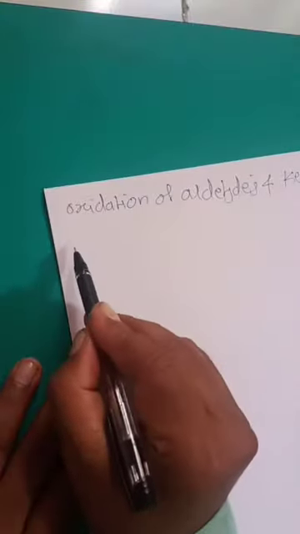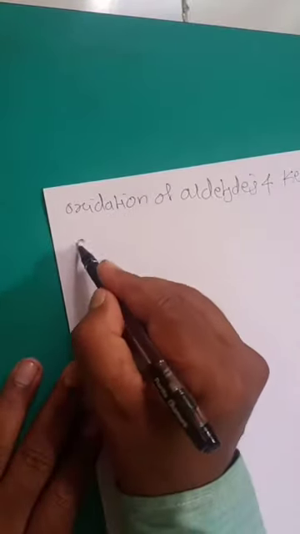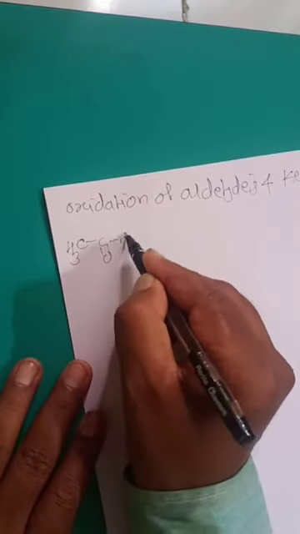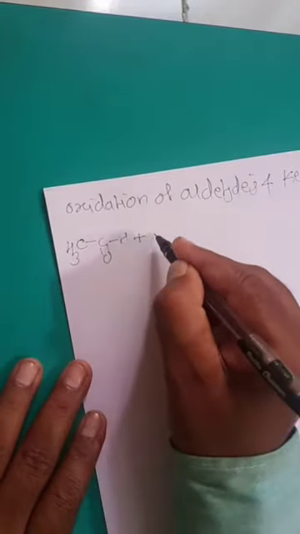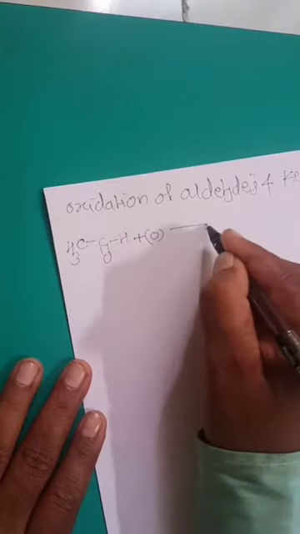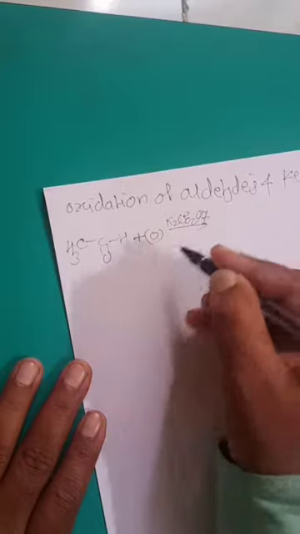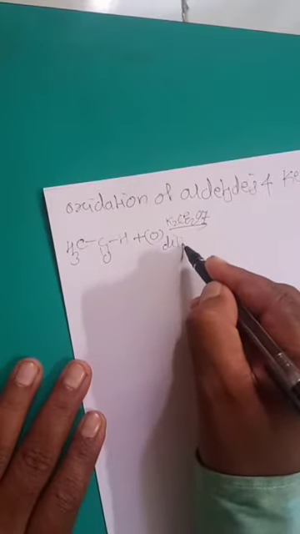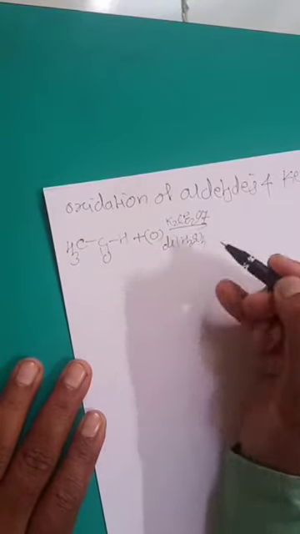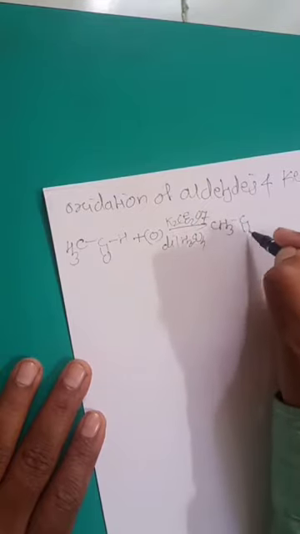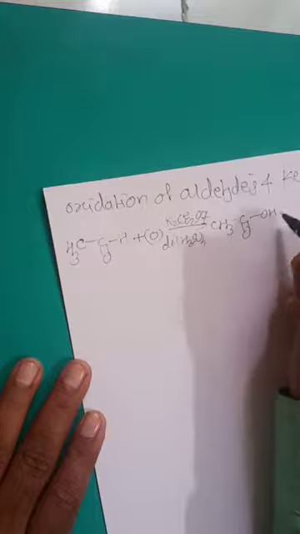Consider acetaldehyde, which on oxidation in presence of K2Cr2O7 and dilute H2SO4 gives corresponding carboxylic acid.